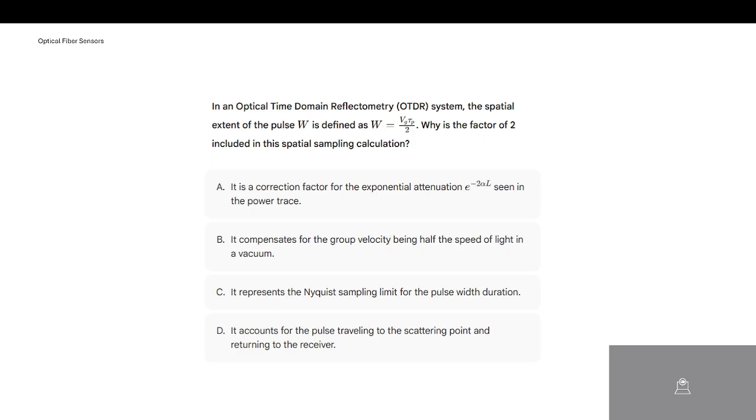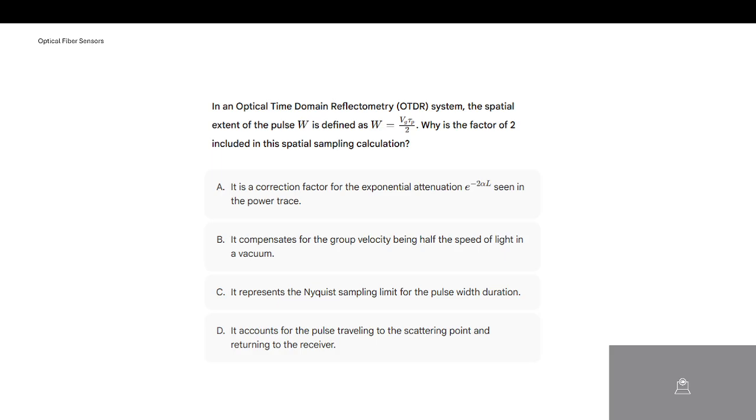Option D. Option B. Fourth option or second option? D, sir. Option 4. It accounts for the pulse traveling to the scattering point and returning to the receiver.